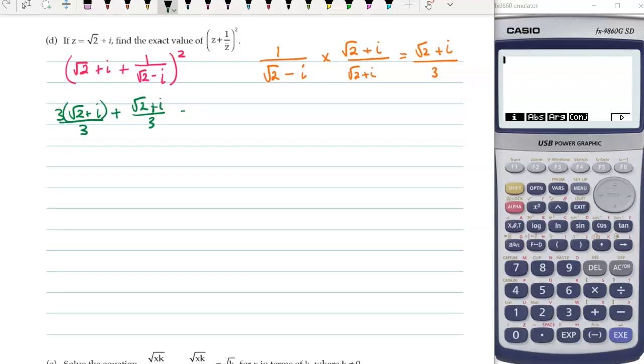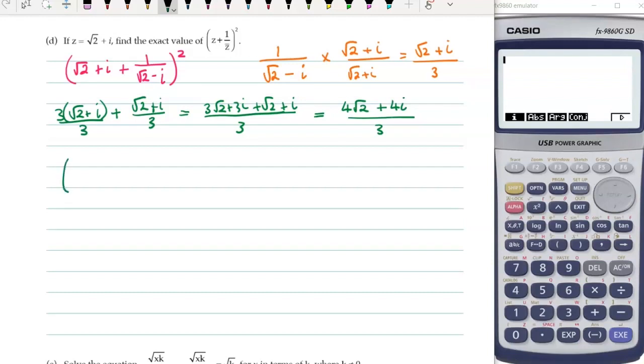So now they're on a common denominator, I can put it all over 3. We've got 3 root 2 plus 3i plus root 2 plus i. So collecting up the root 2's, we've got 4 root 2. Collecting up the i's, we have 4i, and it's all over 3.